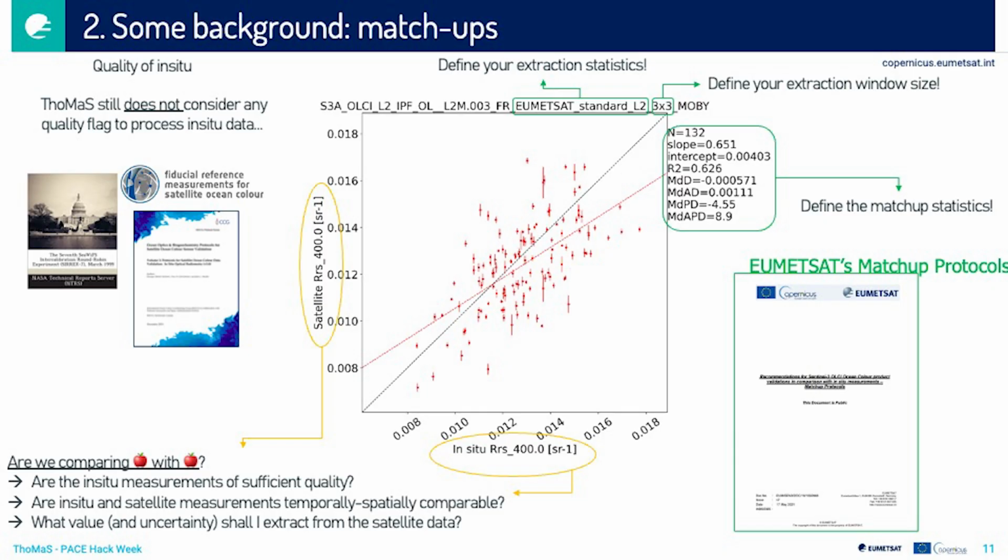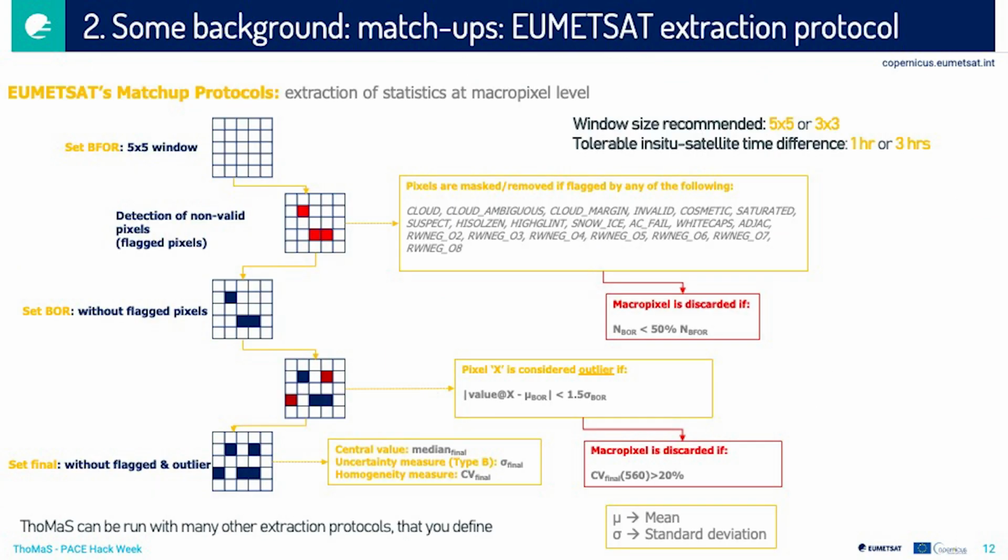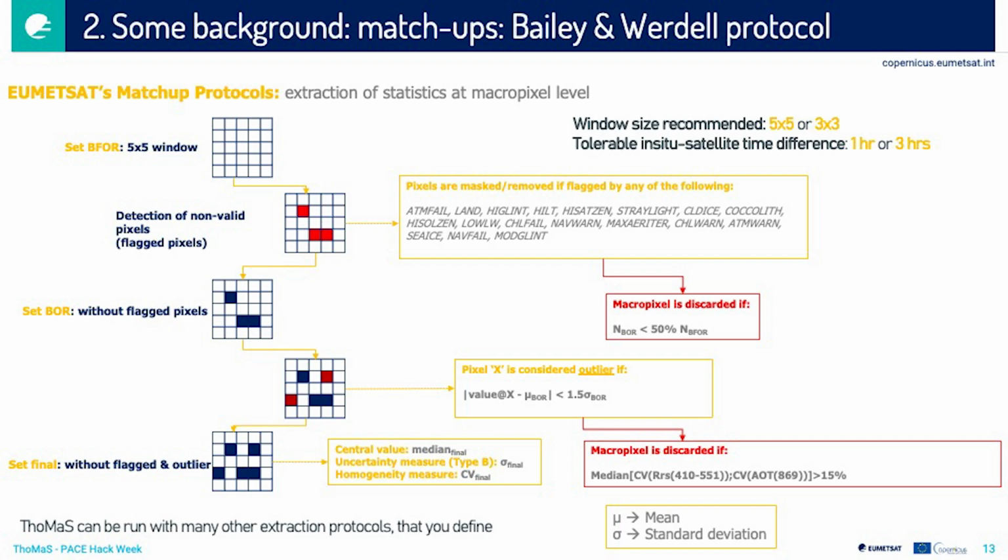So, and then just to mention that there are different matchup protocols, as I was saying. So we have to take a decision here. I guess I understand that you will run an example with Bailey and Werdell. So I will skip the EUMETSAT one, and we go directly to the Bailey and Werdell. So in this case, I'm setting a 5x5 window.